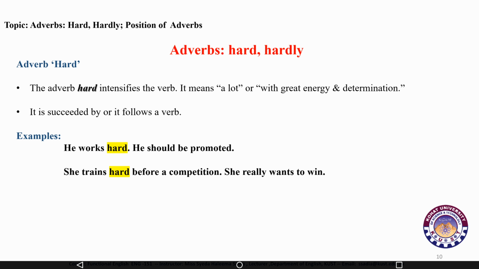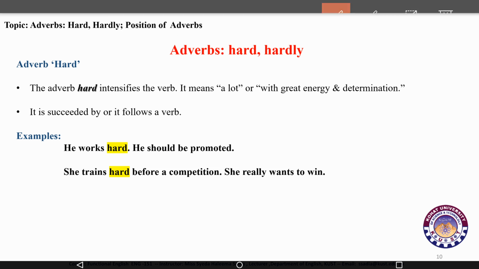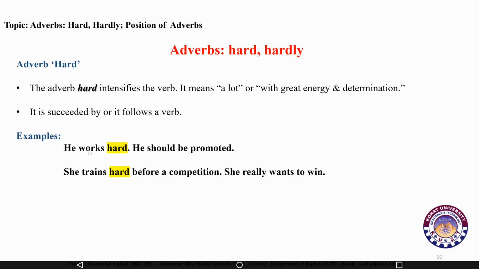So here we can see that hard follows a verb like works. And in the second sentence, hard is preceded by trains, which is a verb.